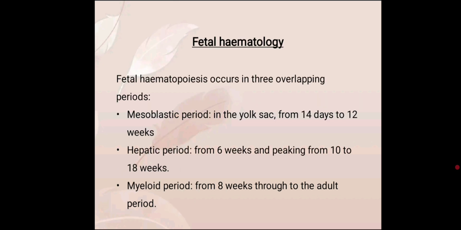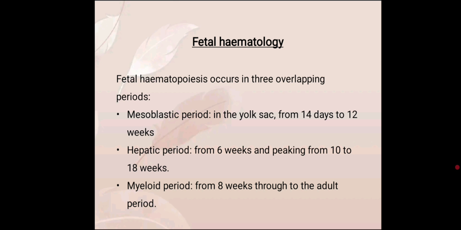The third system we'll talk about is fetal hematology. Fetal hematopoiesis has 3 overlapping periods: the mesoblastic period, hepatic period, and myeloid period. The first is the mesoblastic period in the yolk sac, from 14 days, which is 2 weeks, up to 12 weeks.